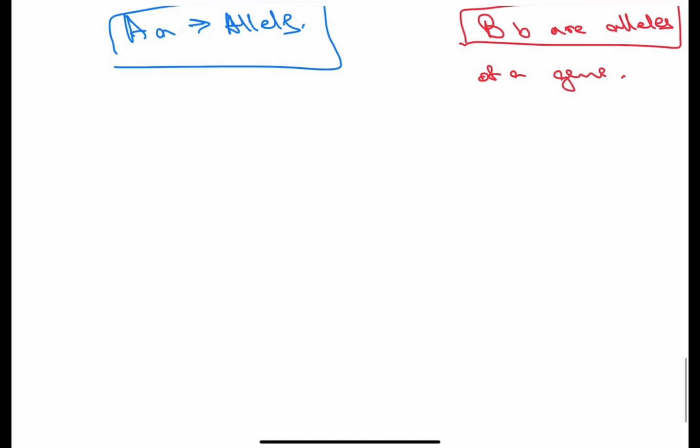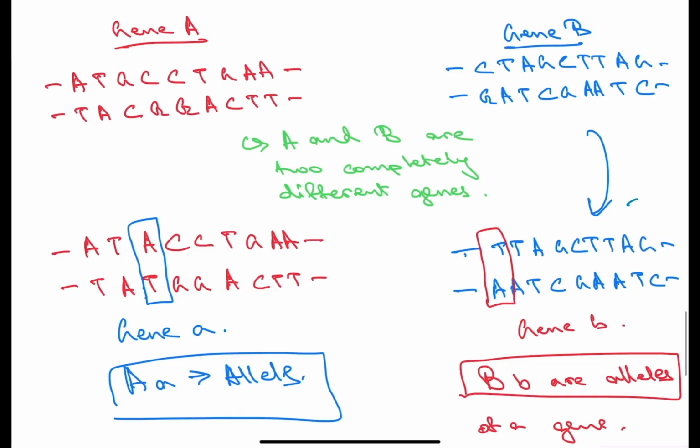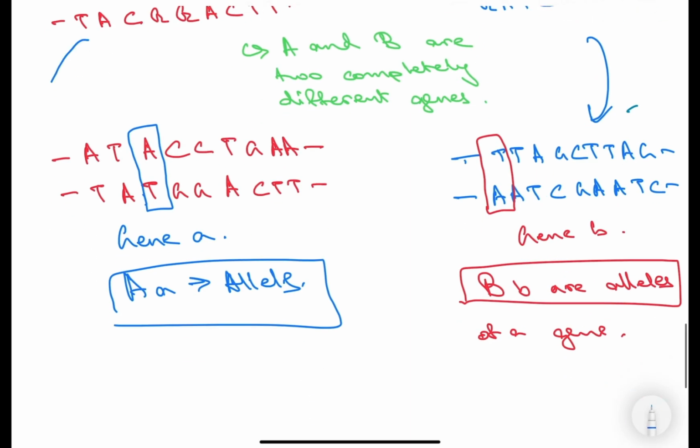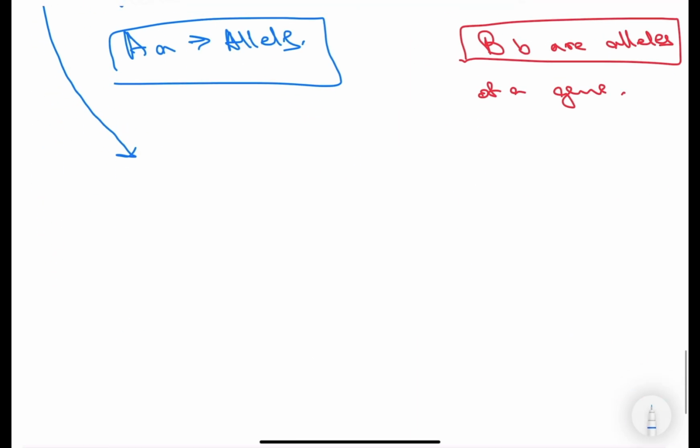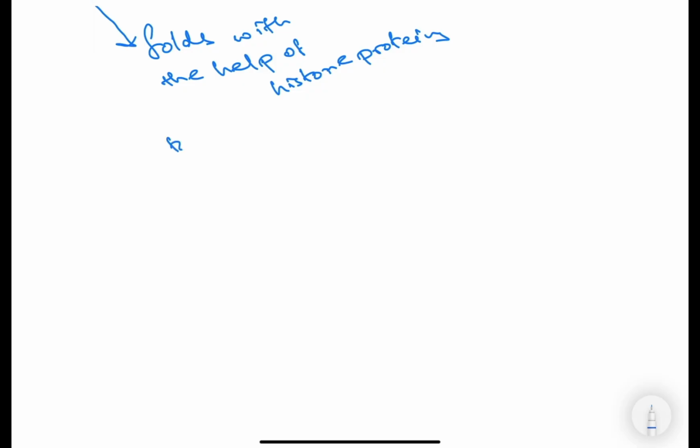So what happens is that the DNA folds itself with the help of histone proteins to form chromosomes.